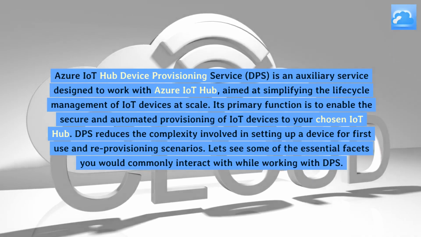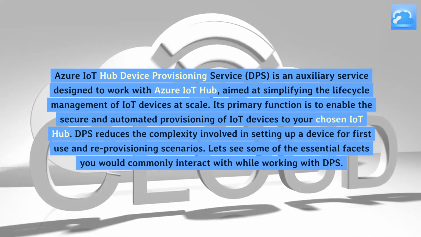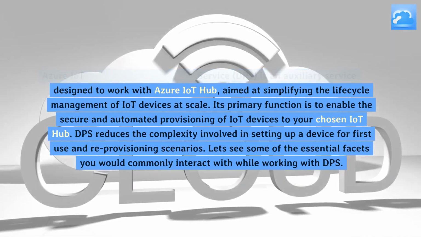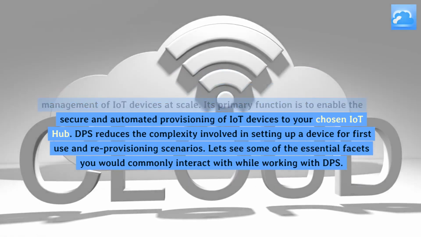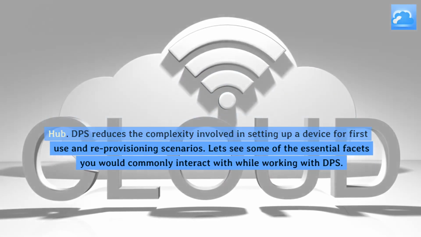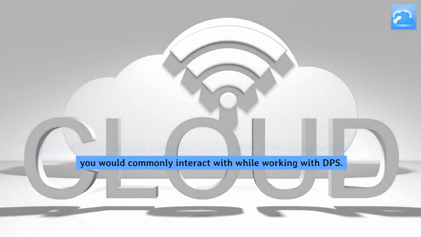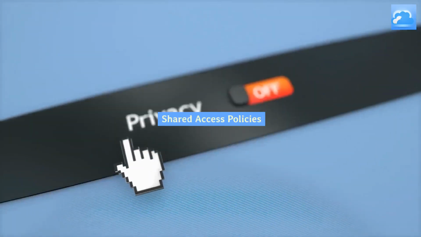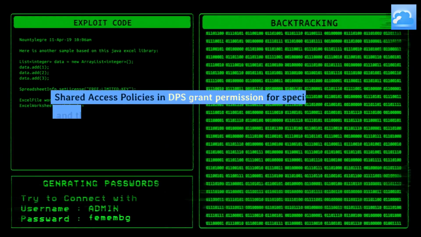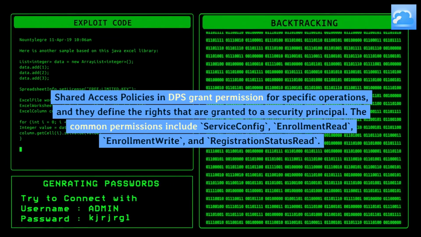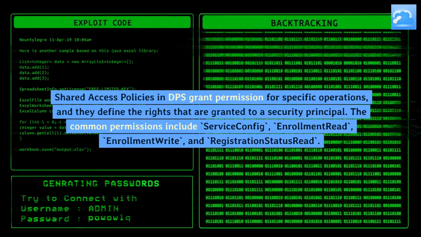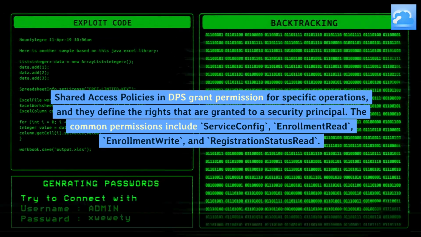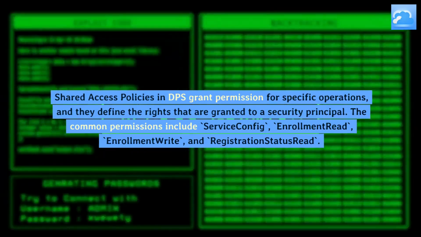DPS reduces the complexity involved in setting up a device for first use and re-provisioning scenarios. Let's see some of the essential facets you would commonly interact with while working with DPS. Shared access policies. Shared access policies in DPS grant permission for specific operations, and they define the rights that are granted to a security principal.